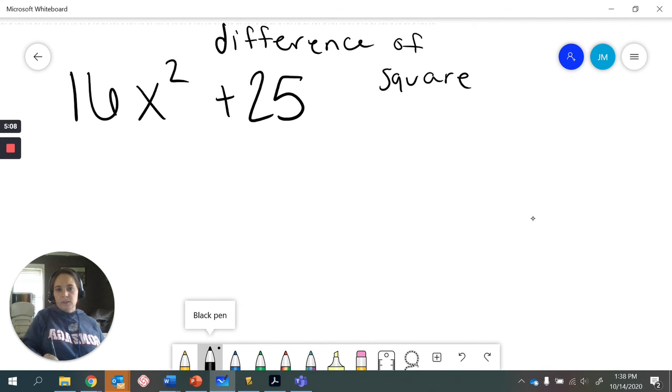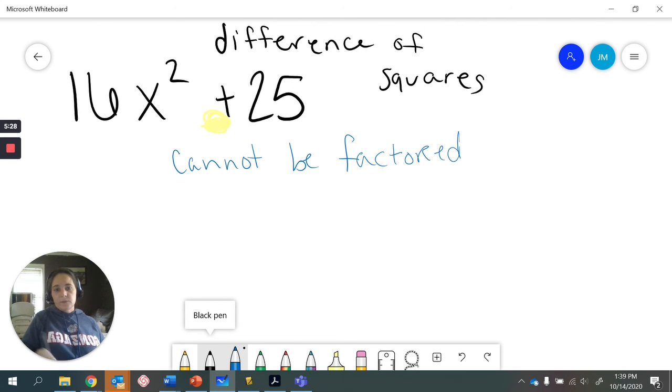Do I have a difference right here? No, that is a plus sign, which means you cannot actually factor this one. There is no greatest common factor. There's a plus sign. This one cannot be factored. So be very, very careful when you see perfect squares. There must be a subtraction sign.